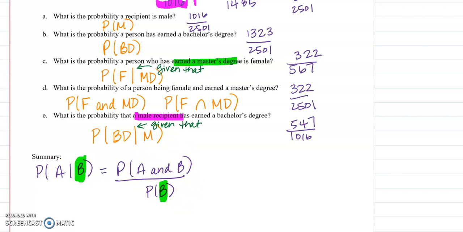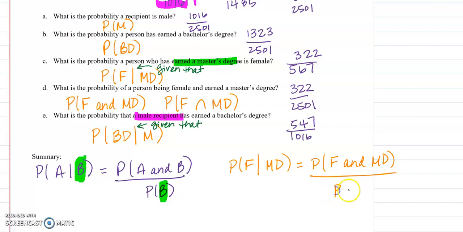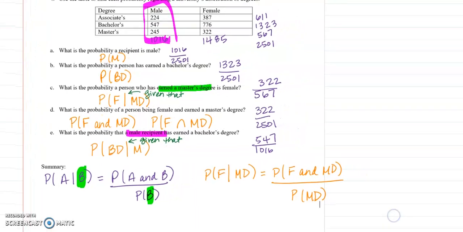If you go back to this problem that we just saw, find the probability of a person being female given that they have earned a master's degree. We could do this as the probability of a female and master's degree all over the probability of having a master's degree, and you could go back to the table to find all of your values.